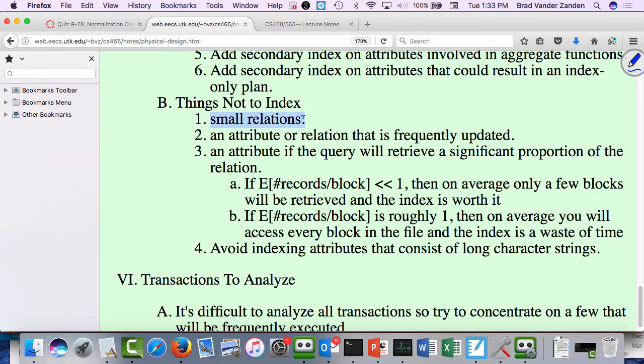Small relations. So the branch relation in pretty much any branch, unless you're an enormous company, is not going to be worth indexing. If we have 50 branches, how many blocks do you think 50 branches are going to fit into in a database?